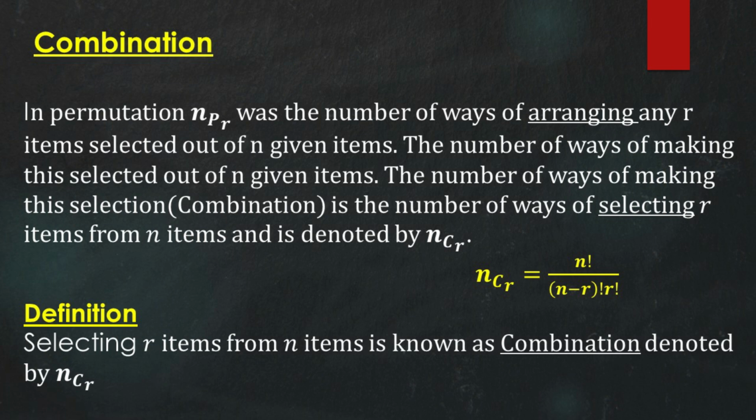So nCr equals factorial n over factorial n minus r into factorial r. What's the definition of the combination? Selecting r items from the n items is known as combination, denoted by nCr.